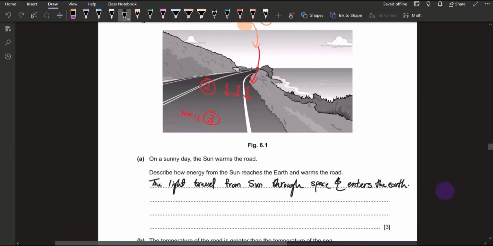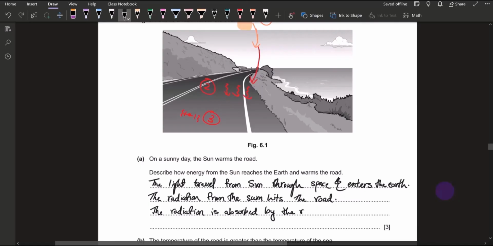Now our second point will be that the radiation from the sun hits the road. And our third point is going to be that the road absorbs the radiation. So the radiation is absorbed by the road. And our last point is going to be that the molecules have enough energy to vibrate, which is mentioned here.